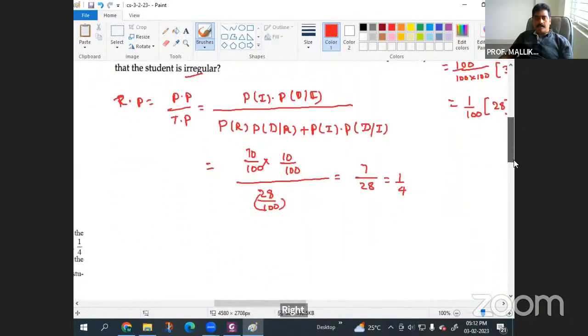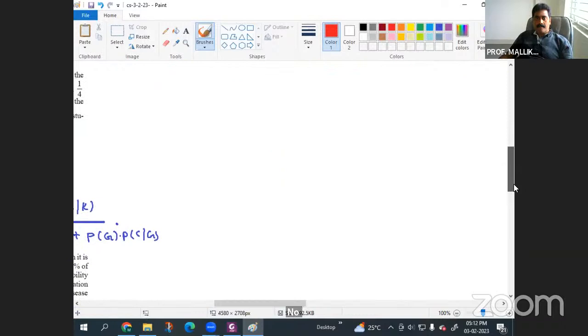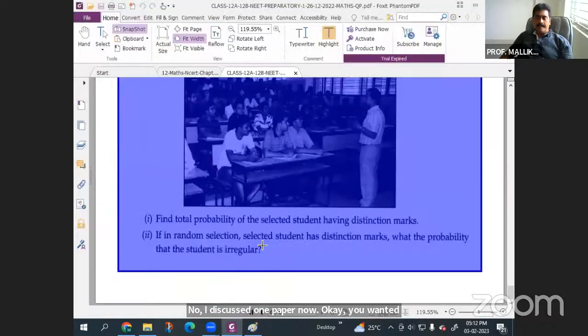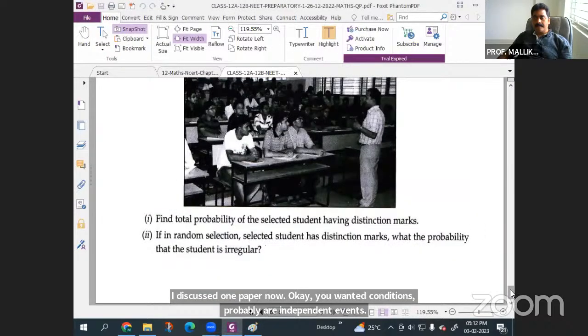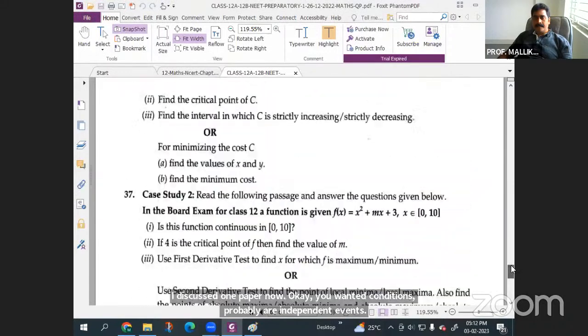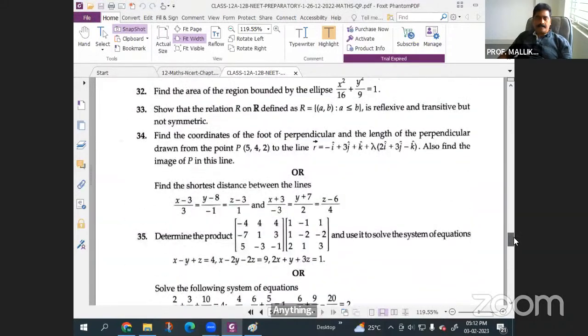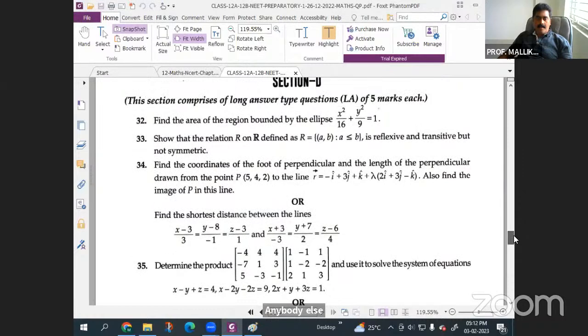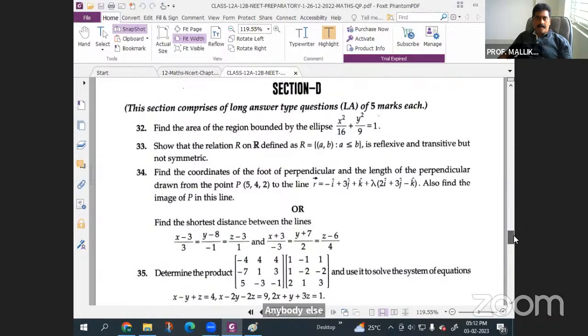Now, I'll discuss one paper. Is there anything you wanted, conditional probability or independent events? Anything? Anybody else?